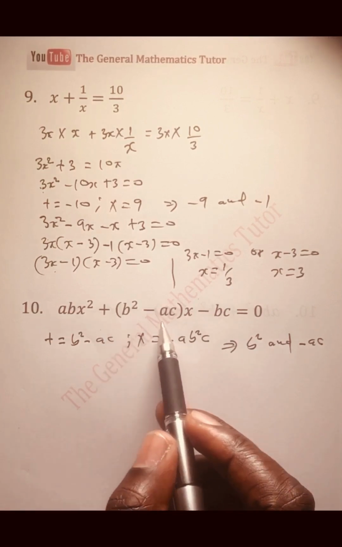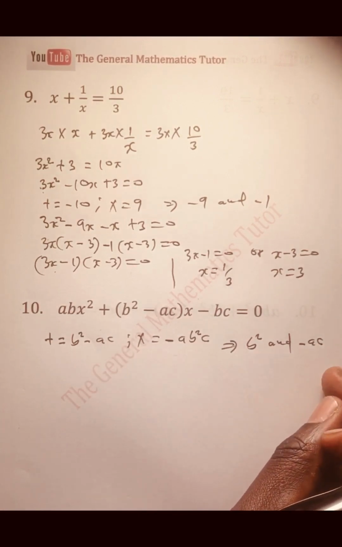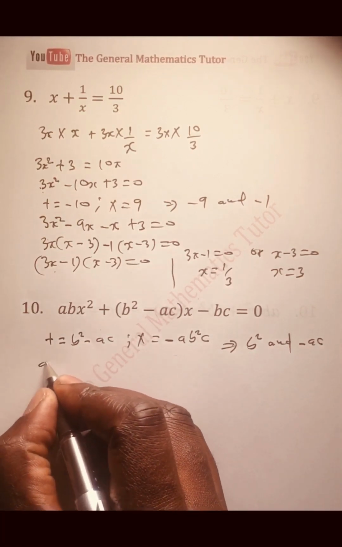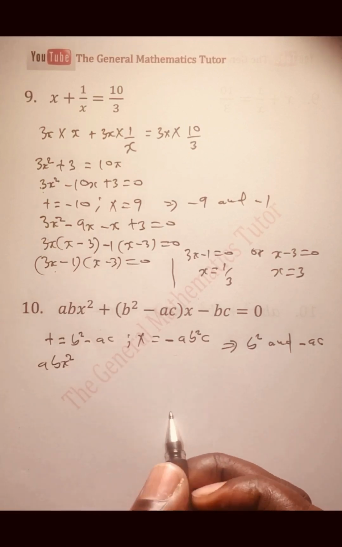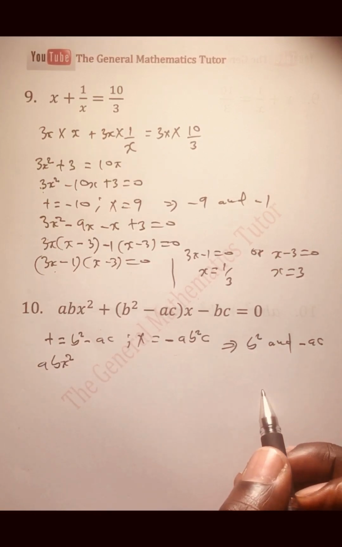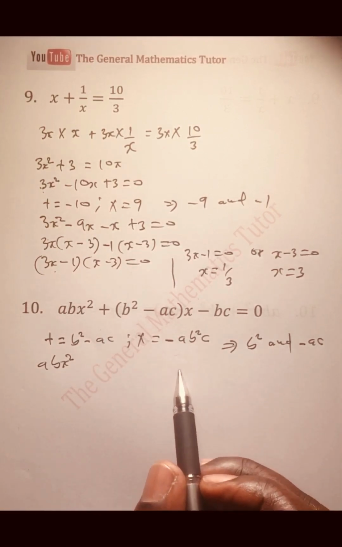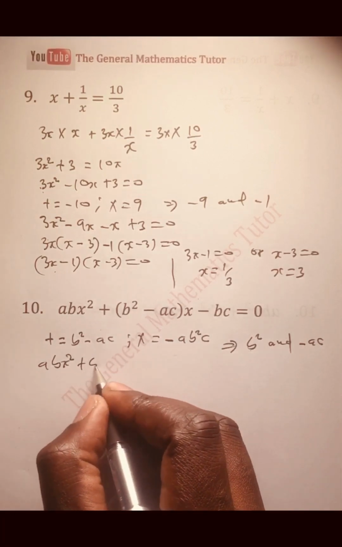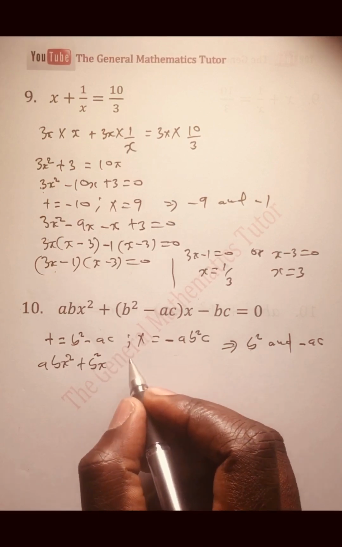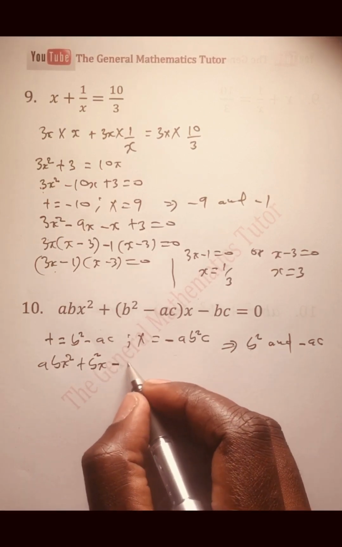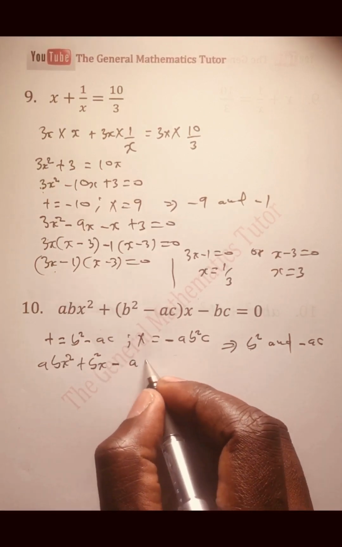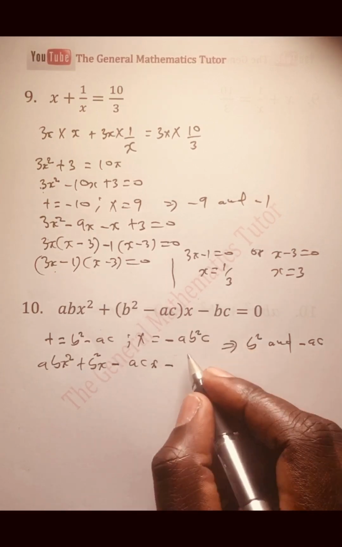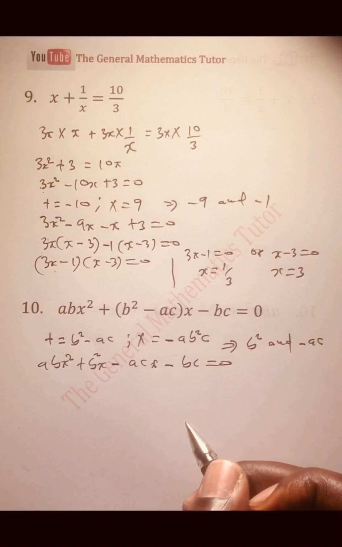So just split b into b squared and minus ac, so that we have abx squared plus b squared x minus acx minus bc is equal to 0.